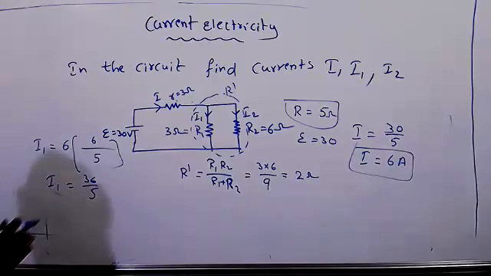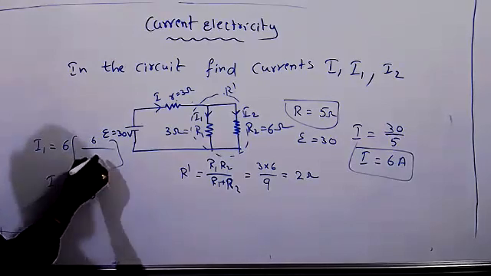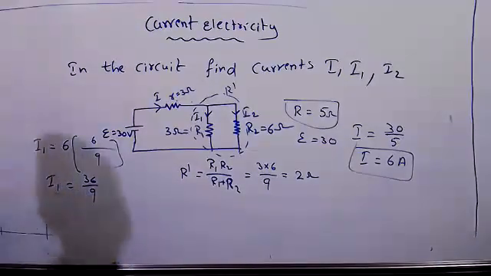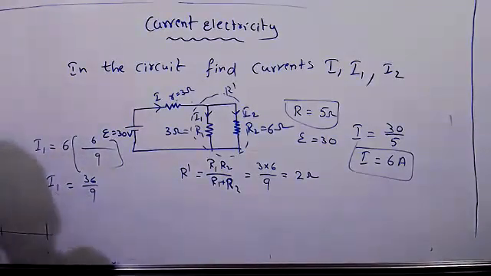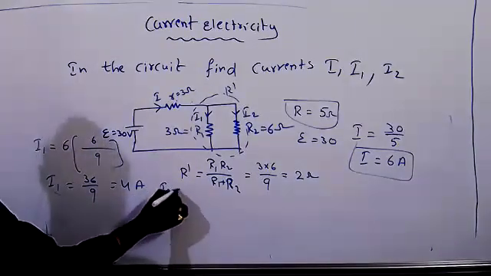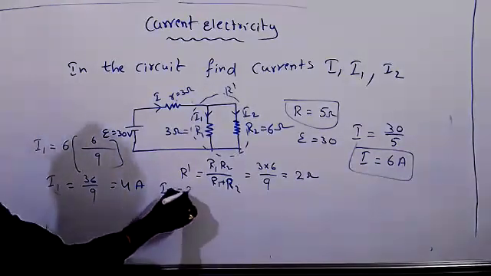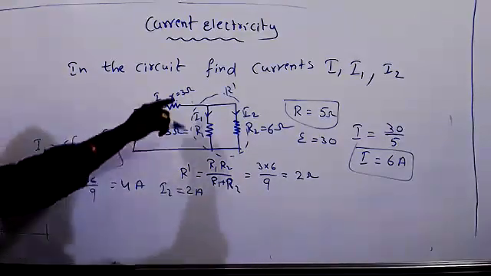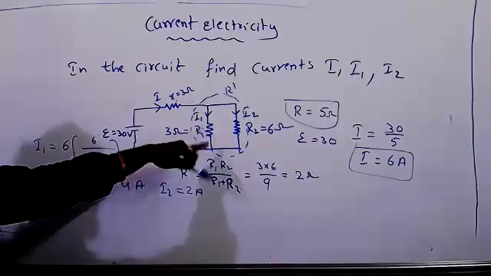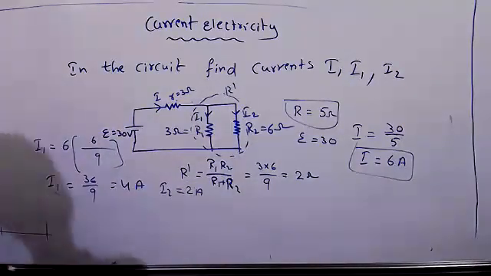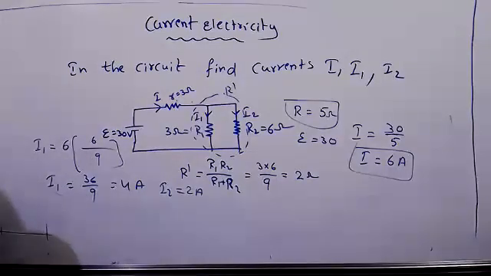I1 will be 4 amperes. I2 is 2 amperes. That's all. So remember, to calculate current in the first resistor, take total current into opposite branch resistance by total resistance.